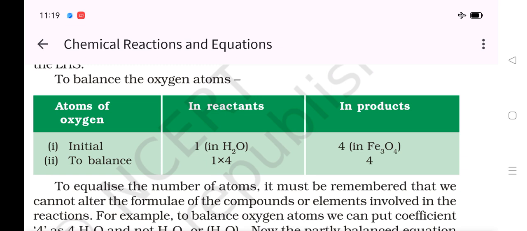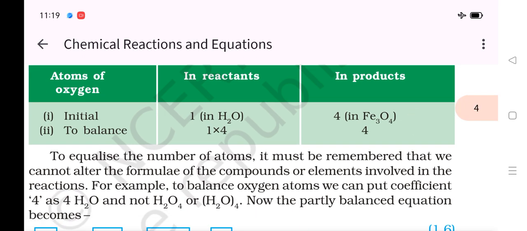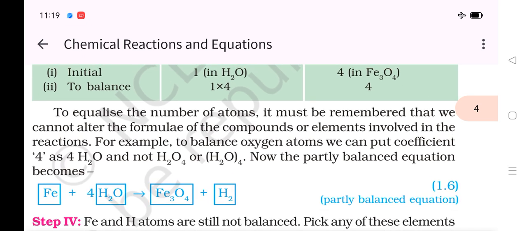Atoms of oxygen: initially 1 in H2O in the reactants, 4 in Fe3O4 in the product. To balance the atoms of oxygen, we multiply the reactant side by 4, so that reactants have 4 and products have 4. It must be remembered that we cannot alter the formulae of compounds or elements involved in the reaction.